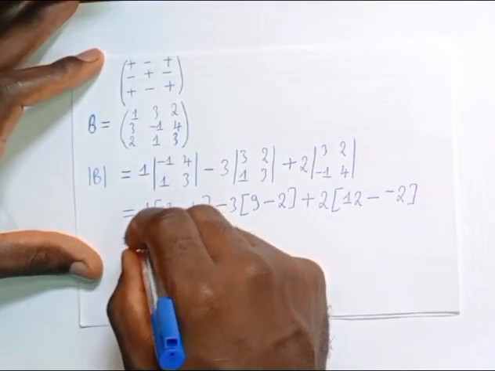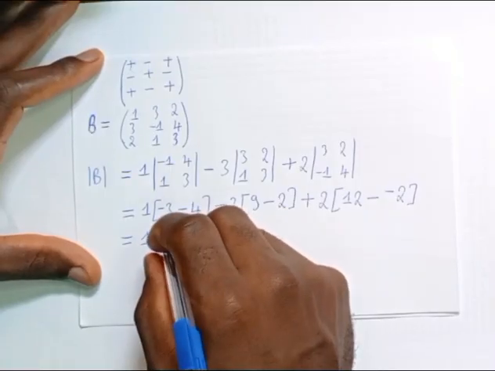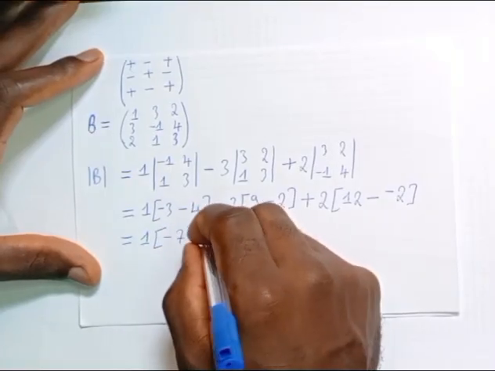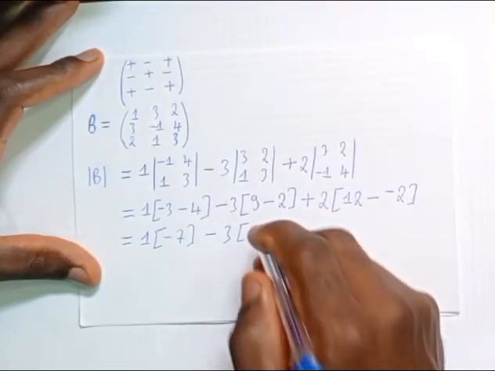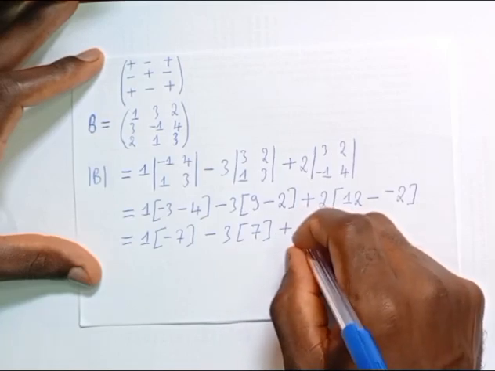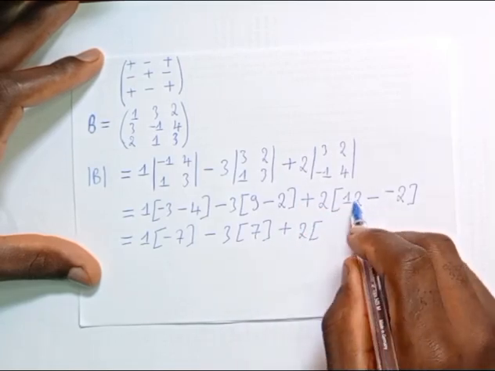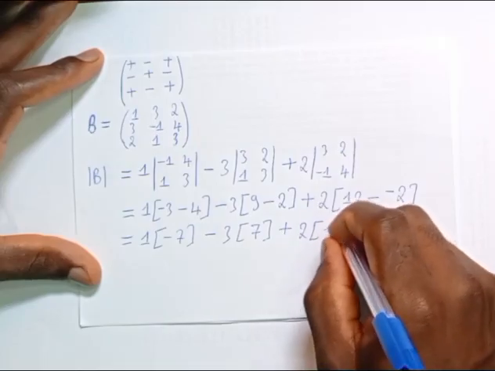This will simply be equal to 1 times negative 3 minus 4 gives us negative 7, minus 3 times 9 minus 2, which is 7, plus 2 times 12 minus negative 2, which is the same as 12 plus 2, gives us 14.